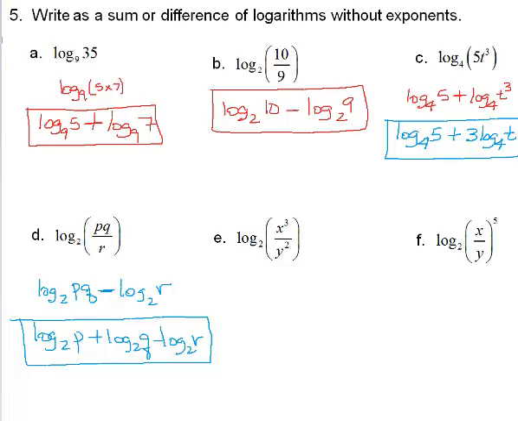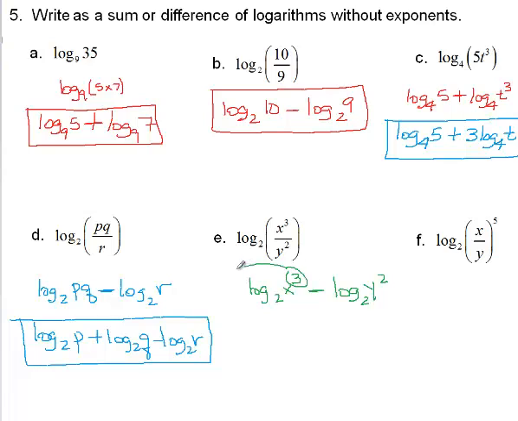I think you're getting the idea now, hopefully. So what do we have here now? We got log base 2 of x cubed subtract, because it's division, we do the subtraction, log base 2 of y squared. Now again, it's without exponents, so we have to move the exponents.